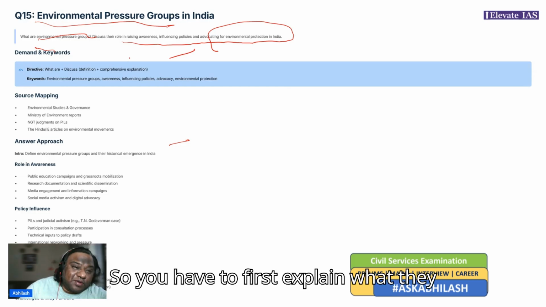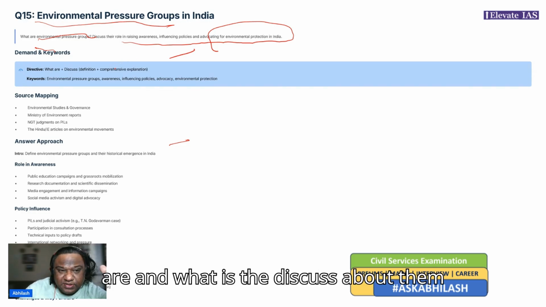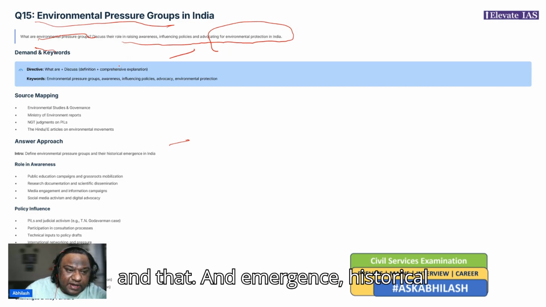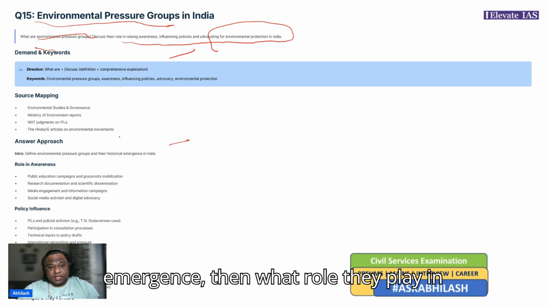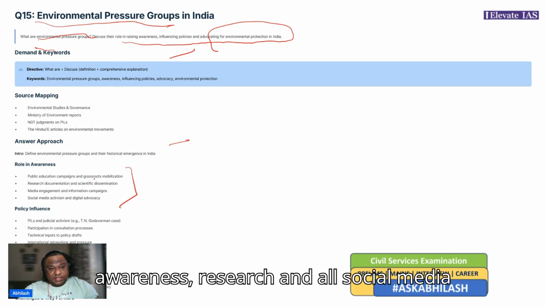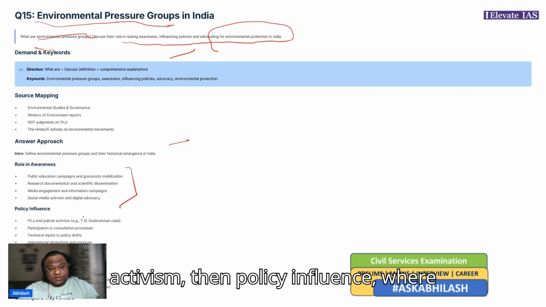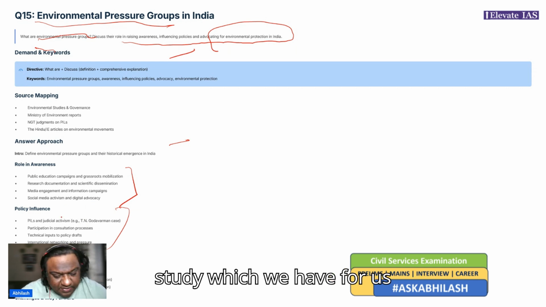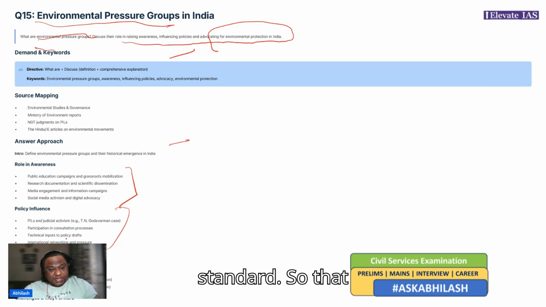So you have to first explain what they are, how they have come into the picture, and their historical emergence. Then what role they play in awareness, research, and social media activism. Then policy influence, where and what they have influenced, and then a few standard case studies that we have.